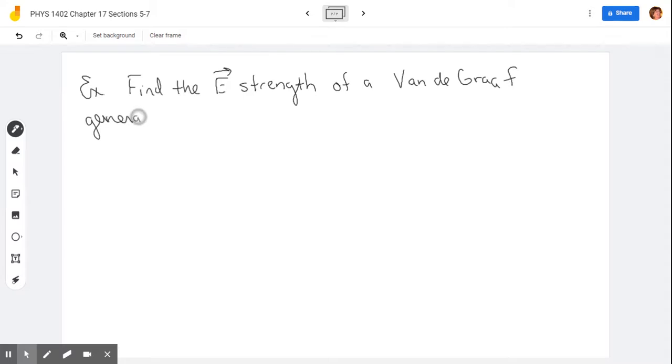Those are those big spheres that somebody puts their hand on and it makes their hair stand up on end.